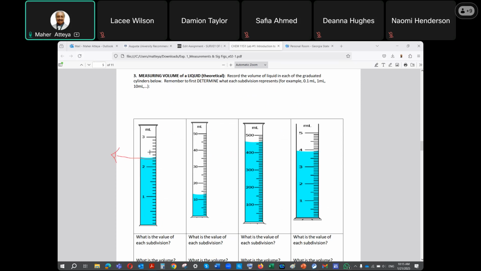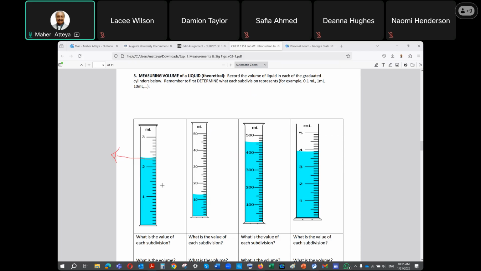So how much do you think this one will be? 2.3 milliliters. I would say this is the case.